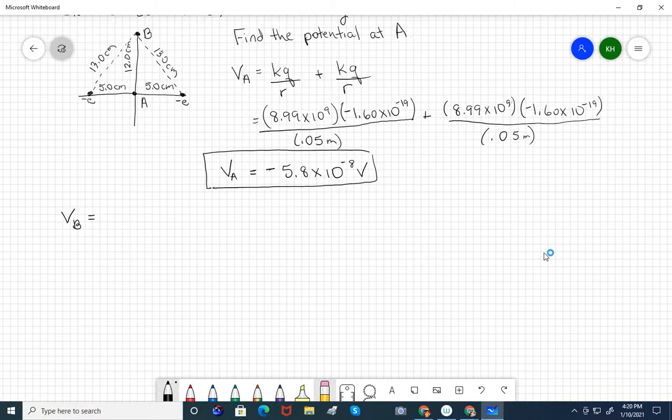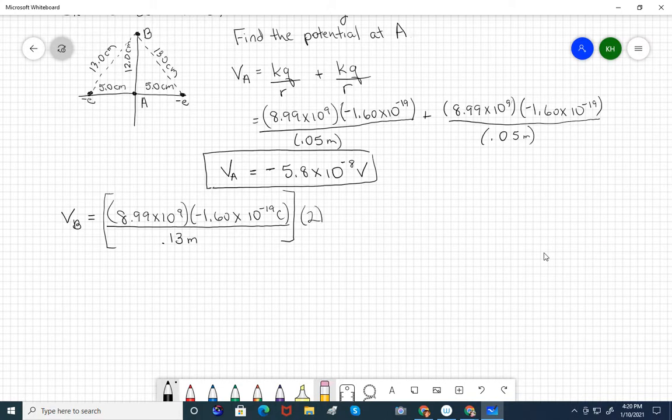For the first one, it's going to be k, Q, r, and since the second one is exactly the same, I'm just going to multiply that by 2 instead of writing it all over again.